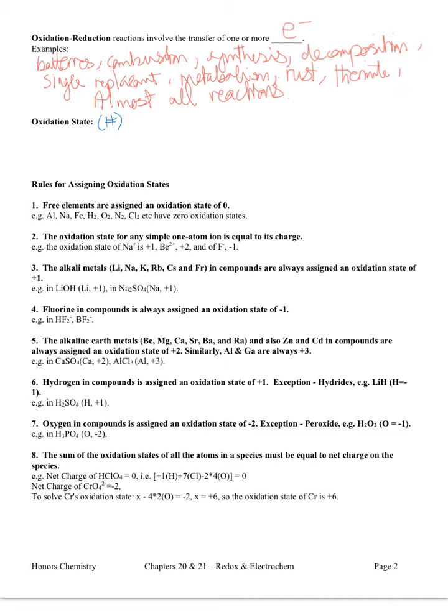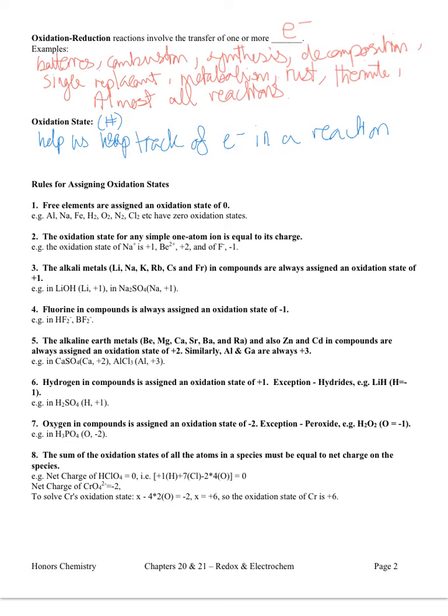Sometimes if something is charged, the charge will be your oxidation state, but we assign oxidation states to all species even if they don't have a charge. So let's write that down. They are numbers that help us keep track of electrons in a reaction.